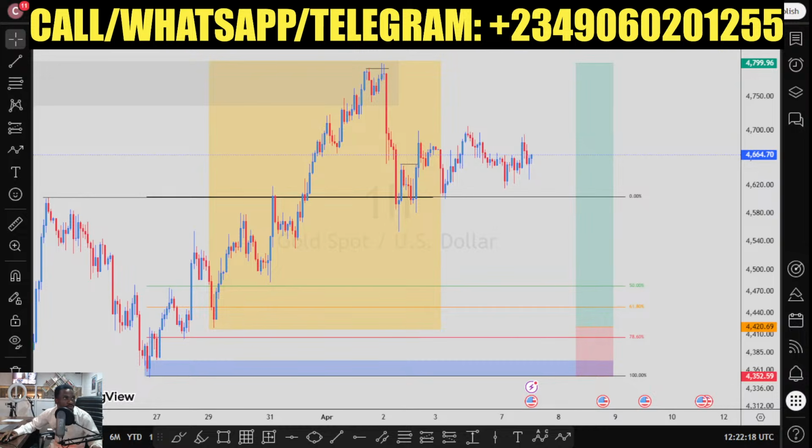So for now, gold is still complex. We have some structures.